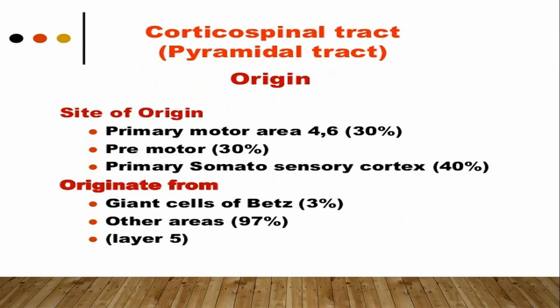Then the corticospinal tract. The corticospinal tract is also named the pyramidal tract. Traditionally we divide the descending motor pathways into pyramidal and extrapyramidal, and the signs of pyramidal tract disease were originally attributed to loss of function of the pyramidal tract.